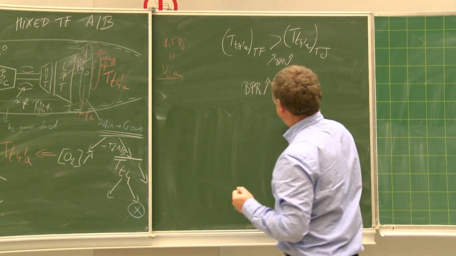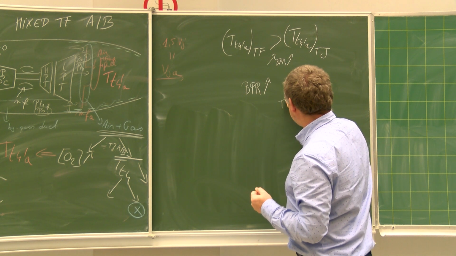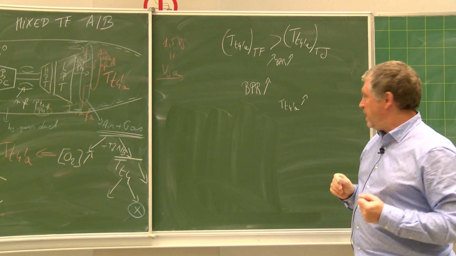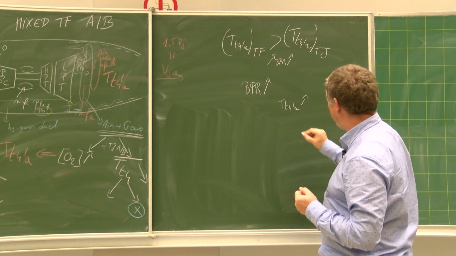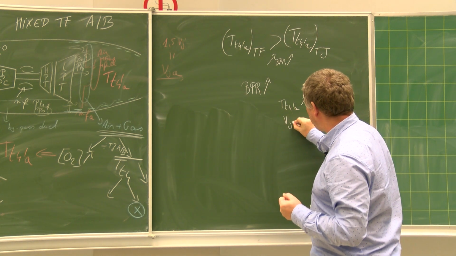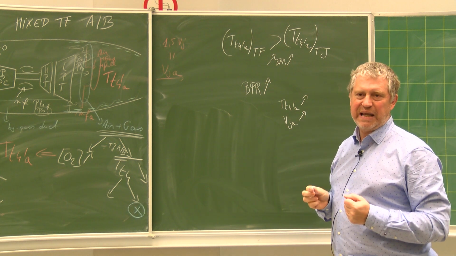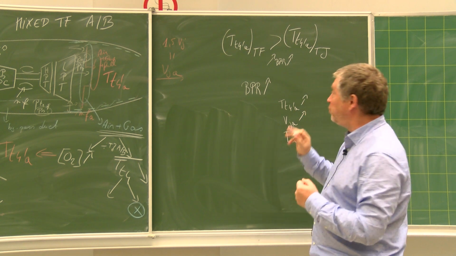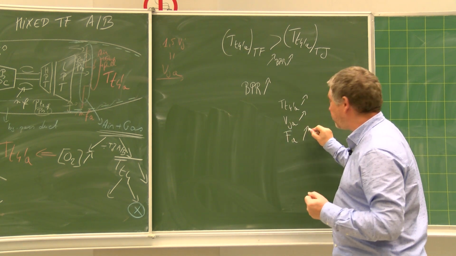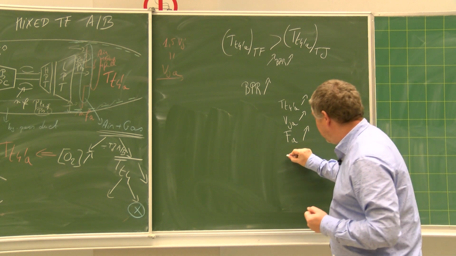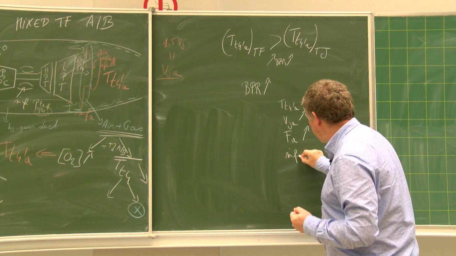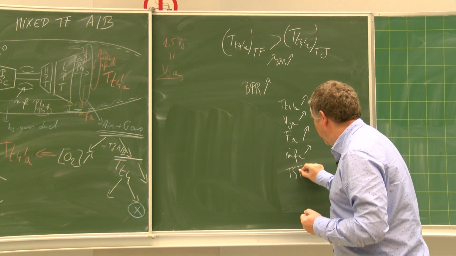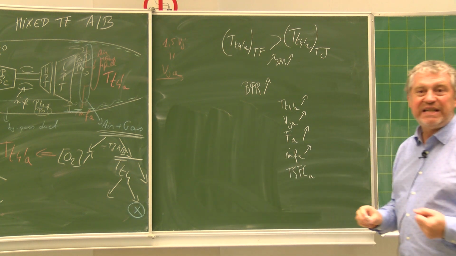You can have, in fact, an increase of TT4 prime A. If you have an increase of TT4 prime A, you will increase, we have explained that yesterday, VJet A. You will increase compared to the turbojet. You will increase FA, but you will increase also m dot FA. And so the question is, what's happening with the TSFCA?